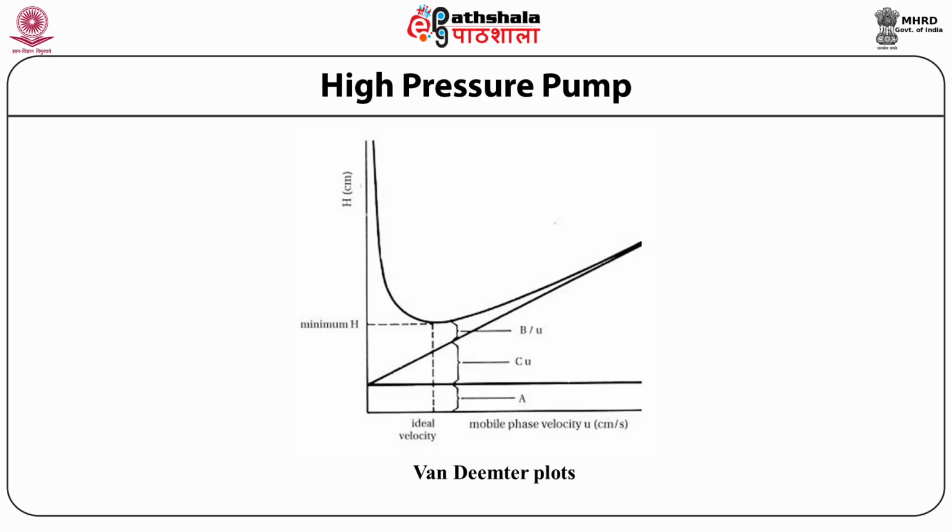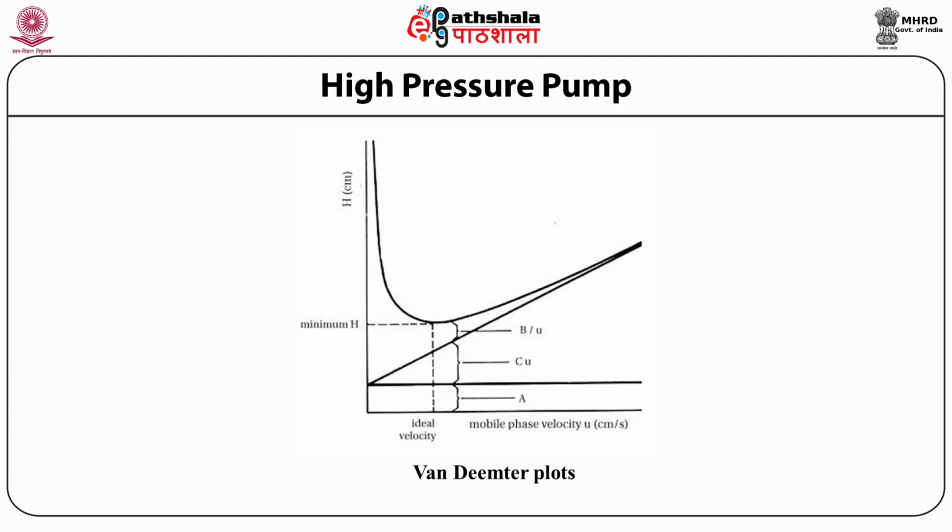Therefore, the pump system should be capable of delivering a wide range of reproducible flow rates, commonly ranging from 0.1 to 10 milliliter per minute with reproducibility of 0.5%, and to cope up with the back pressures that arise due to the fluid flow.